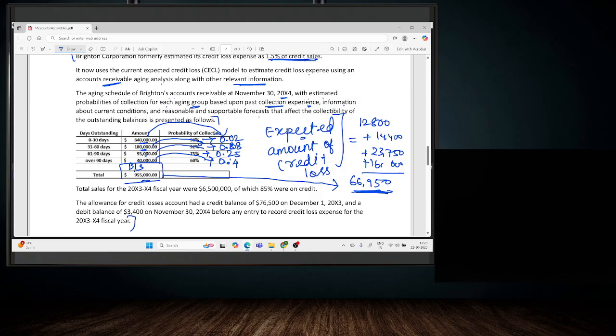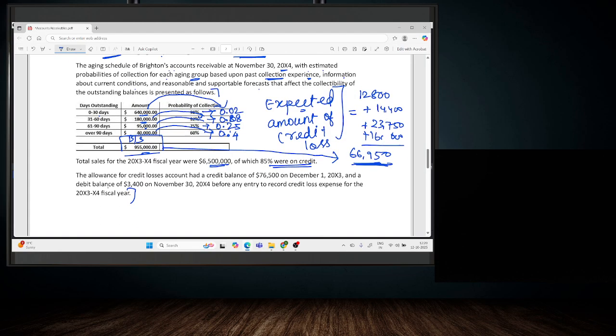The total sales for the fiscal year were 65 lakh, of which 85% were on credit. The allowance for credit losses account had a credit balance of 76,500 on 1st December 2013. So this is the opening balance for this year, which is nothing but the closing balance of the previous year.